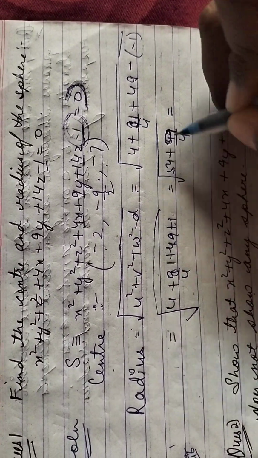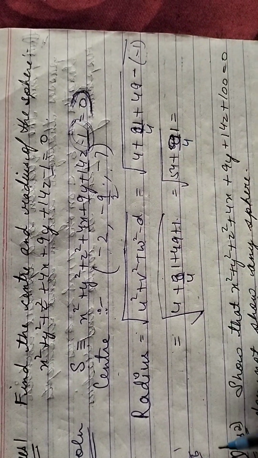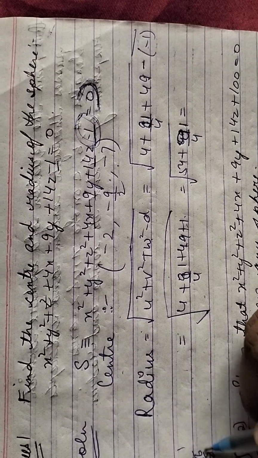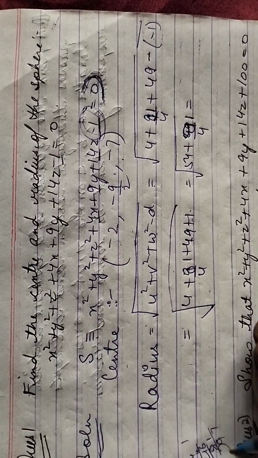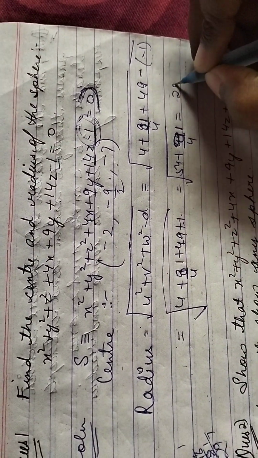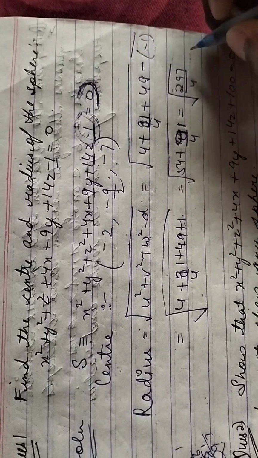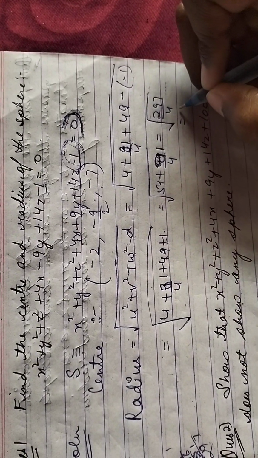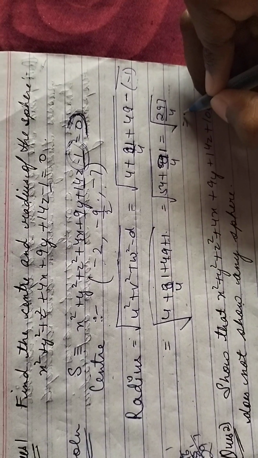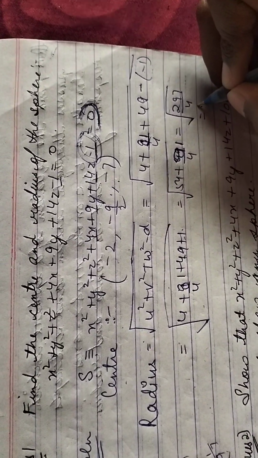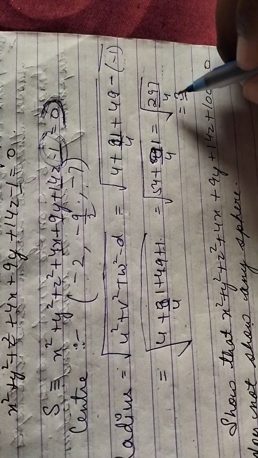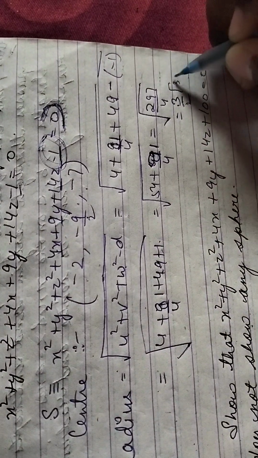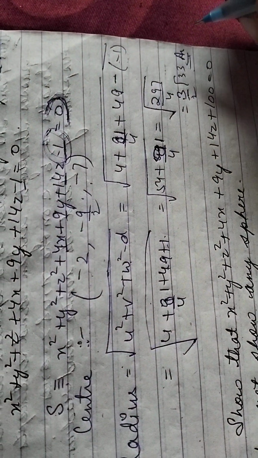It will be 81. So it will be 297 1/4, which will be equal to 3/2 root 33. This is the answer.